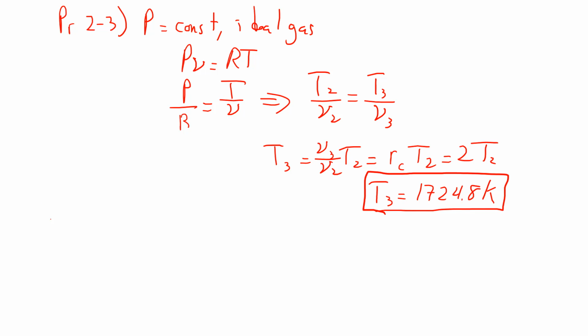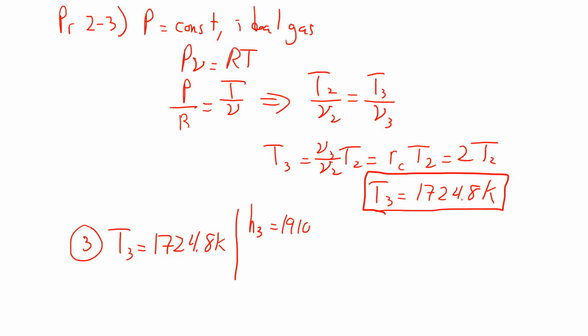Now, for state 3, knowing the temperature, I can find h3, and I can find the relative volume at state 3. Why? Because process 3 to 4 is another isentropic process.